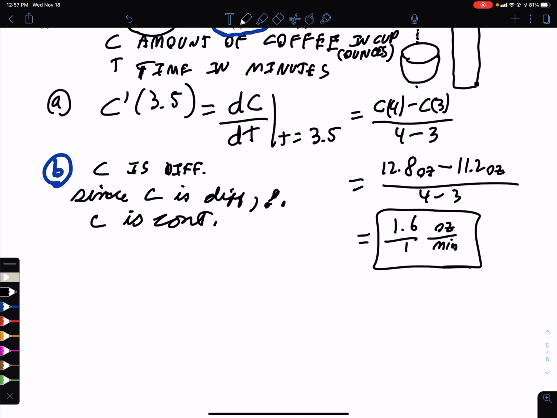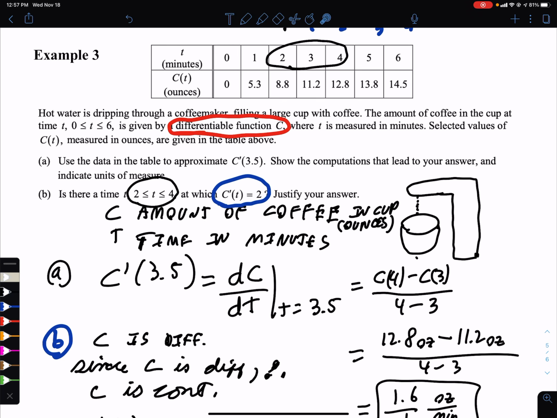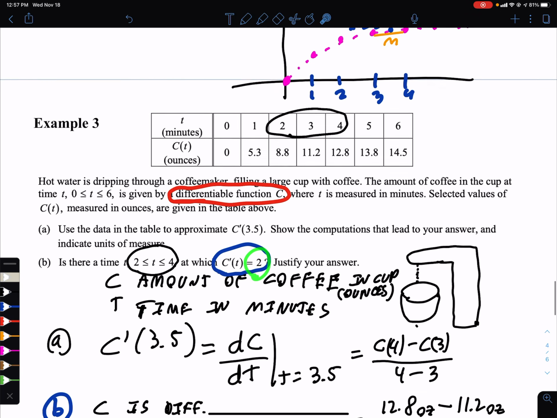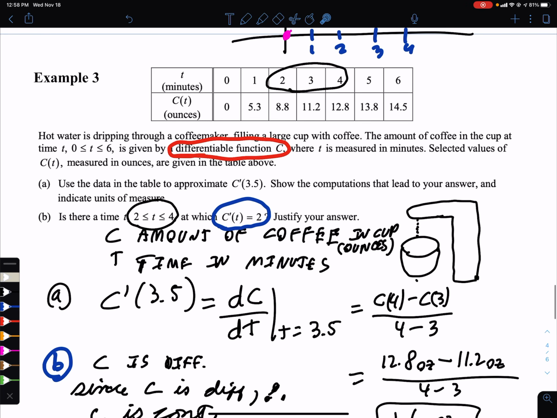Now we're guaranteed what? By the mean value theorem, we are guaranteed that C prime at some point t will be equal to the average rate of change. We want it to equal what? 2. Is there a point either between those two or those two where the average rate of change is 2? Let's look at that. What's 11.2 minus 8.8?